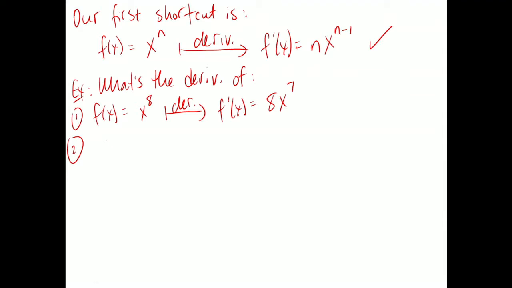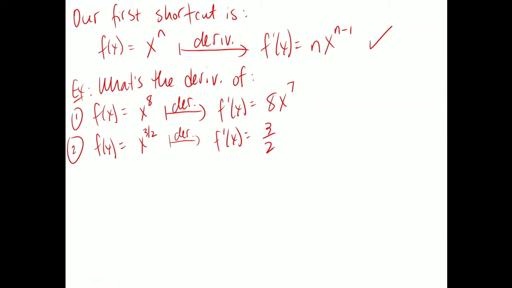So I could have, for example, something like x to the 3 halves, or x to the 1 1/2. And this rule still works. Now, it looks a little bit weird, but it works. So what would the rule say? The rule would say, if you want to do the derivative of x to any power, then you should pull the power in front.